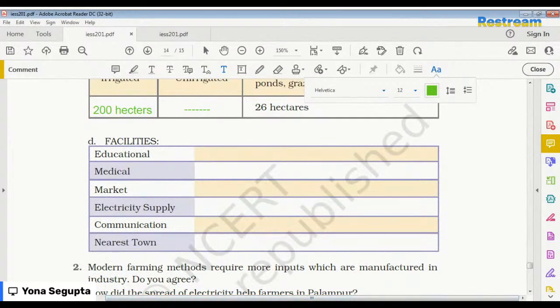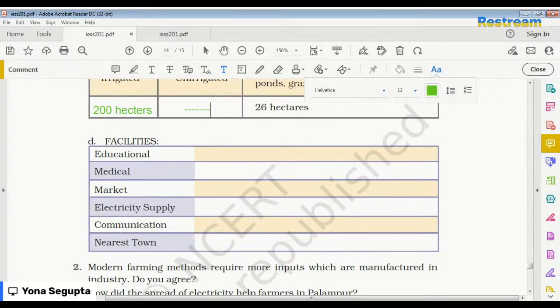Now here come the facilities. The first one is educational. Education gives one high school and two primary schools. For example, a primary school named Tulip Hall is a primary school. Another primary school is in any school you will see, there is a high school and a junior school. Junior school is also a primary school.